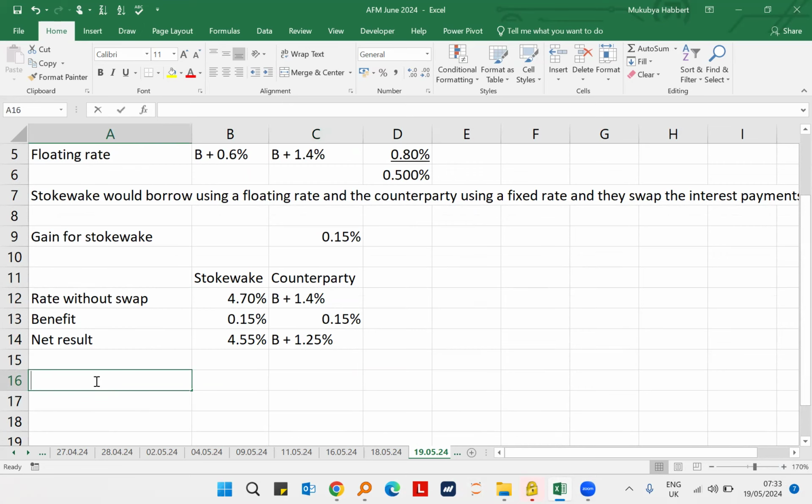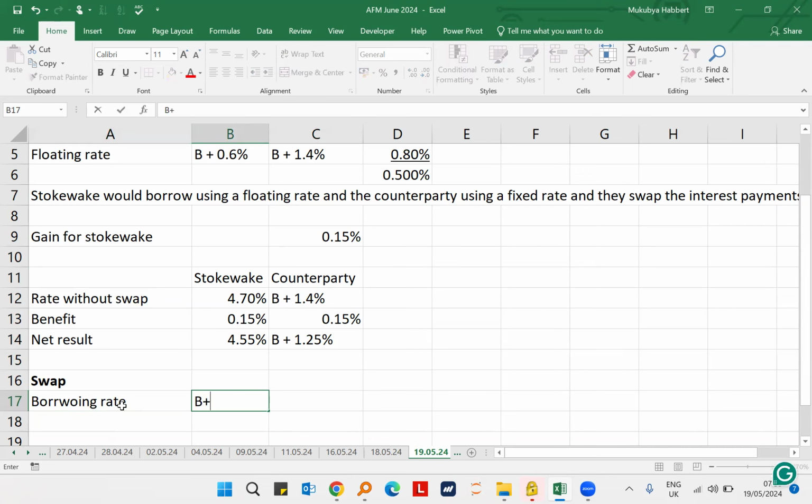But now when you consider the swap, now the rates will be different, because since we say that it's better for us to borrow at floating, we shall borrow at base rate plus 0.6%, and then this guy will borrow at the fixed rate of 5%.